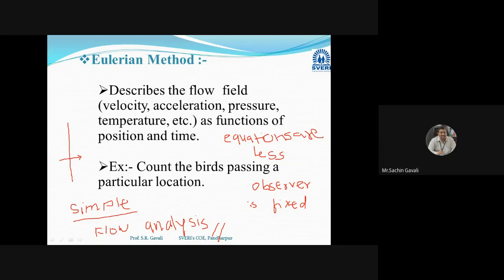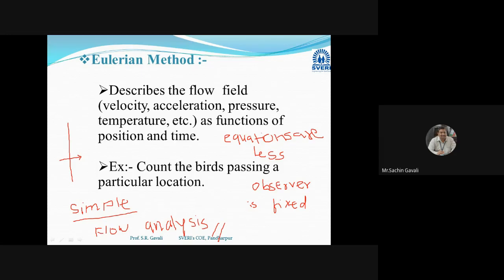So in the Eulerian method, the observer is fixed. In the Lagrangian method, the observer is moving and the location is not constant, so there we have to trace each and every particle. We have to trace the motion in Lagrangian. Here the observer has to be fixed, and at one particular section we observe the fluid flow properties.